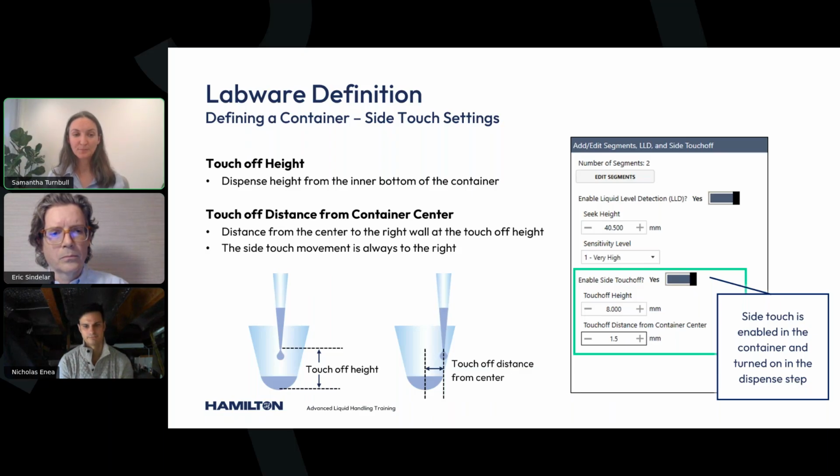Once you have a good transfer, you're not seeing air bubbles, you're not seeing hanging droplets, everything visually looks consistent, you will want to move on to some verification and quantification of the transfer. So at this point, thank you for listening. I'll hand this off to Nick to go over some more details about some of that verification.